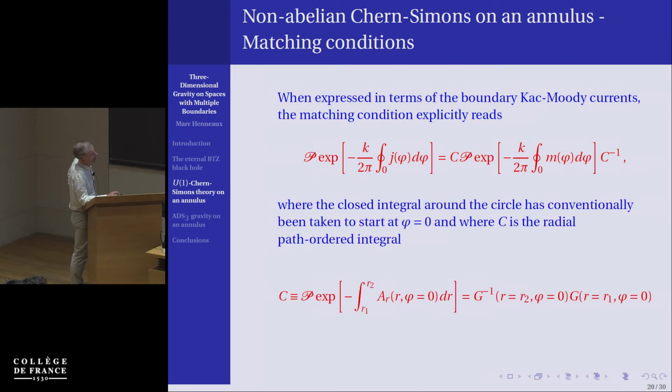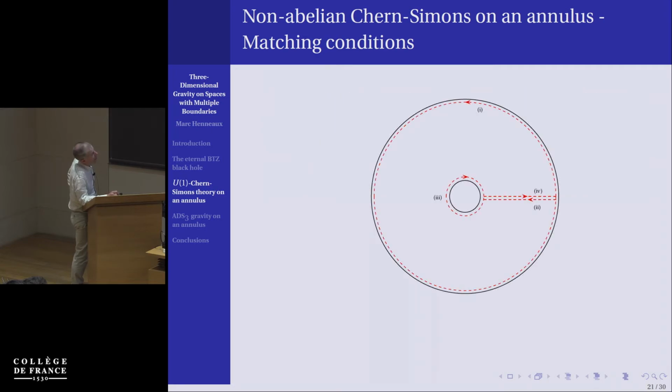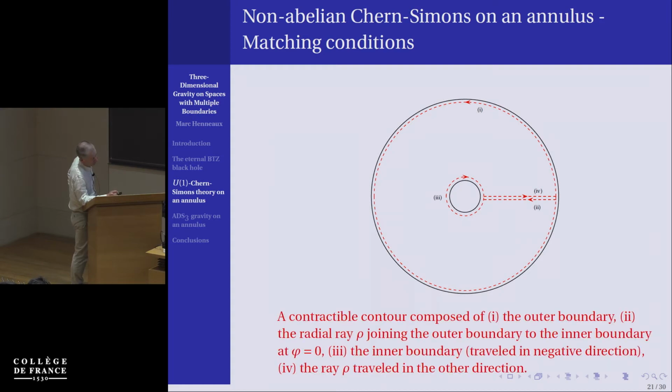So this is just the holonomy around a radial Wilson line. And the picture is here. So you see that the holonomy around here and the holonomy around here, well, I would have a minus sign or the inverse if I go that way, but they are connected. If you consider the following closed path, it's a contractible closed path, so the holonomy should be trivial, and that gives you the matching conditions that I wrote on the previous slides.